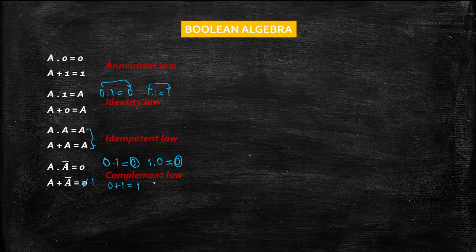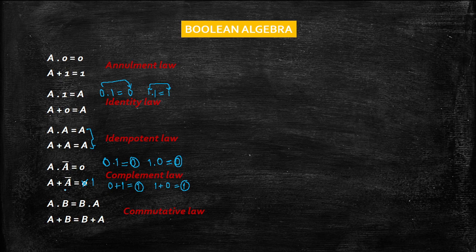And if you consider a is equal to 1, then 1 plus 0, where 0 is the complement of 1. It's an OR operation, so output will be 1. In both cases, you are getting output as 1 only. So this is the complement law.